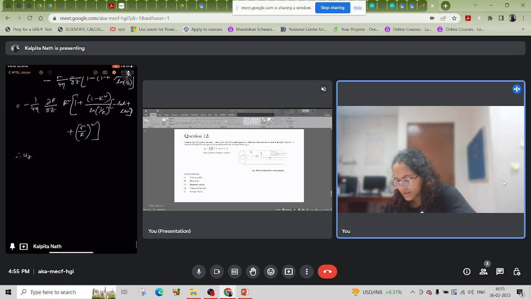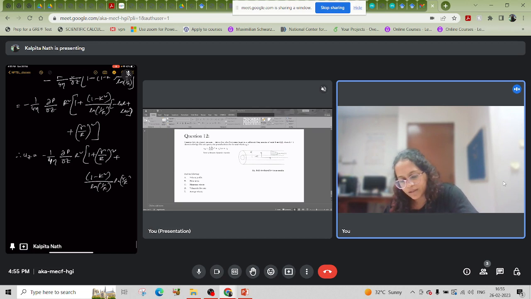Therefore, uz is equal to minus 1 by 4 eta del p del z r square 1 plus small r by capital R whole square plus 1 minus kappa square by ln 1 by kappa ln small r by capital R.